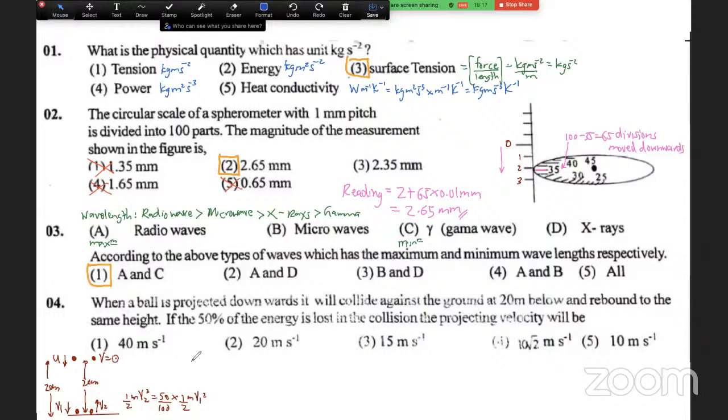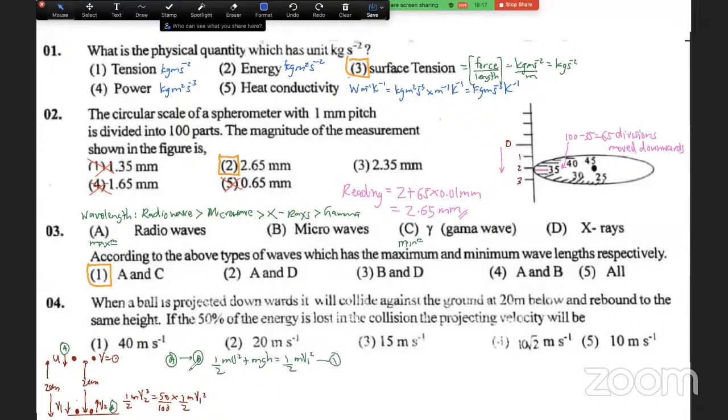So what are the equations I can be writing here? Let's write a few equations one by one. We will take this as point A and this as point B. First, from A to B, if I apply conservation of energy, here we have half mu squared plus the potential energy, that is mgh, equal to half m v1 squared.